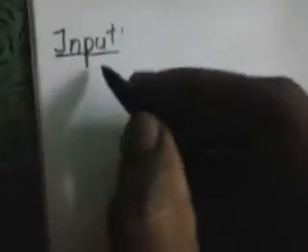First one is the input that we are going to consider. What type of input? Majorly, any type of input will be in the form of analog. Each and every signal in nature is an analog signal.